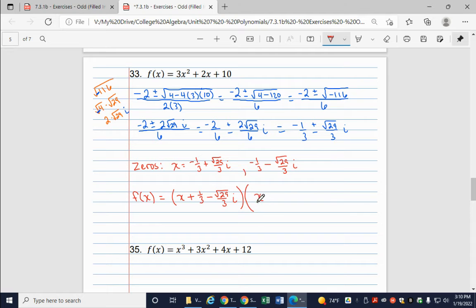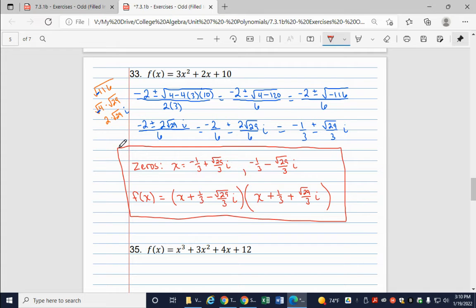My second factor is x minus all of this. So I'm going to subtract the negative 1/3, which makes it a positive 1/3. And then I'm going to subtract the negative square root of 29 over 3 i, which means if I'm subtracting the negative, I'm really adding it. So there's my zeros and my completely factored form. Good times.